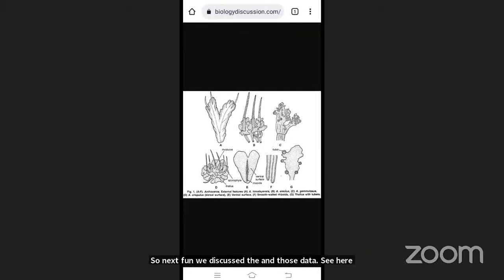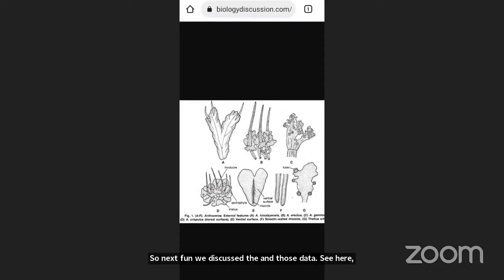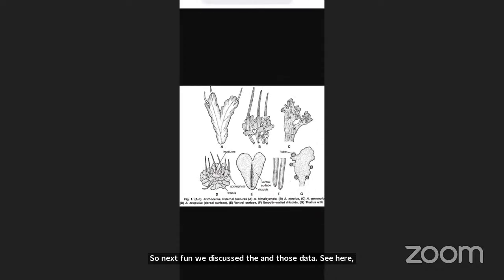Okay, so the next one we discuss is Anthoceros. See here, this one is Anthoceros.